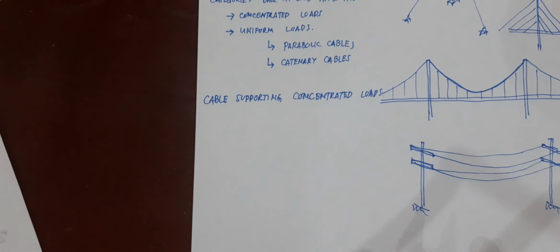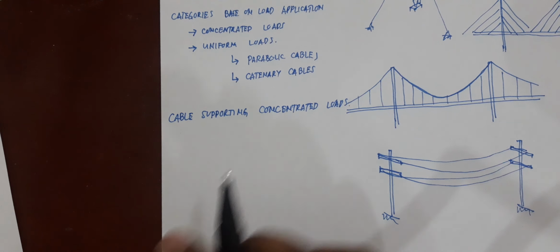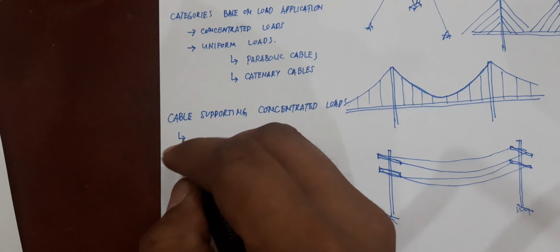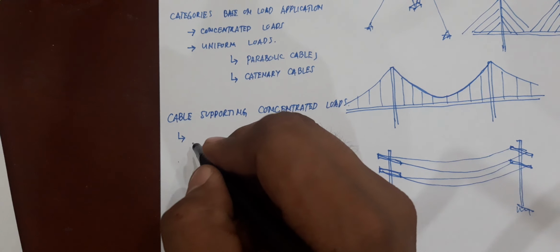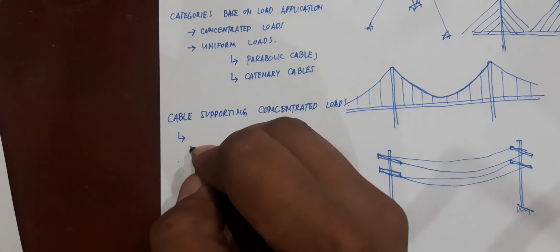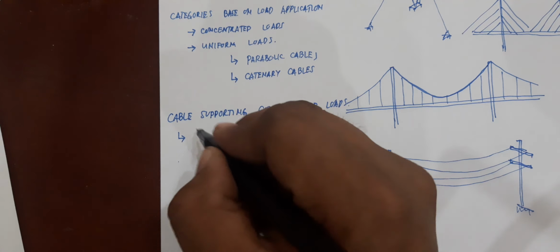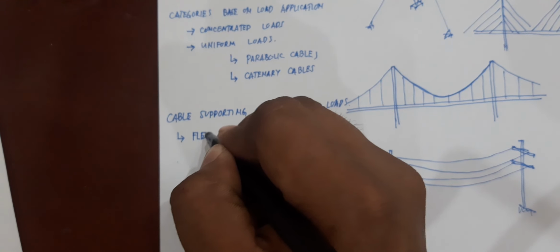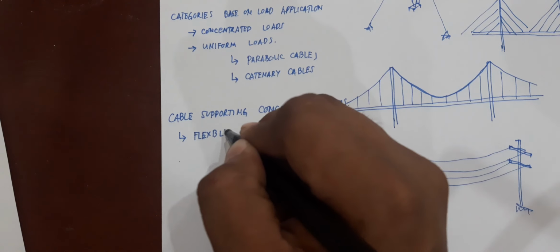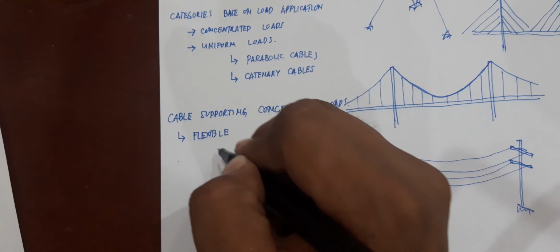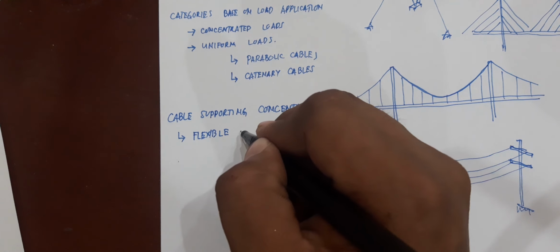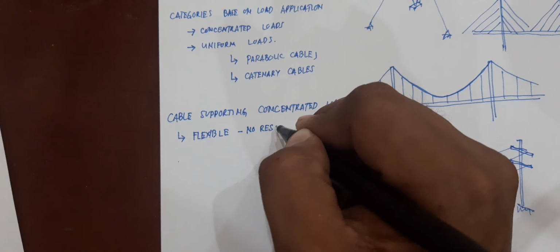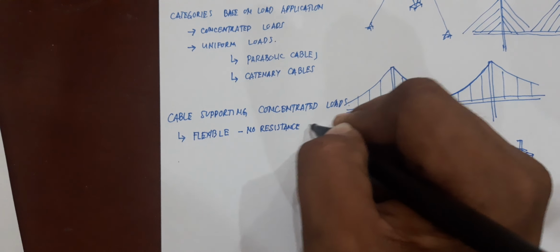For cables supporting concentrated loads, in this particular analysis, you have your assumptions, for a more convenient way of analyzing these types of structures. The first assumption is that your cables are flexible enough that they would not resist bending, so no resistance to bending.